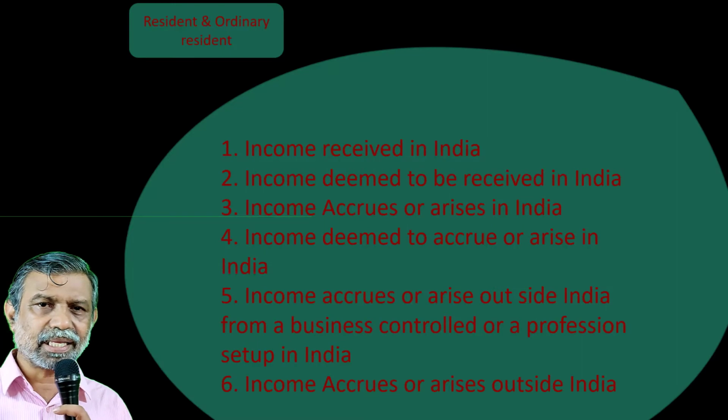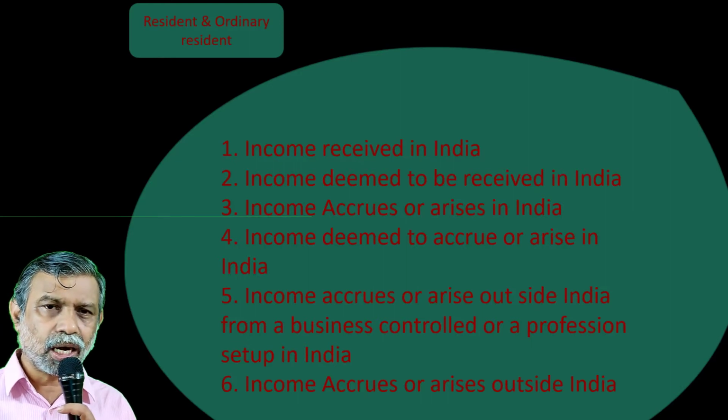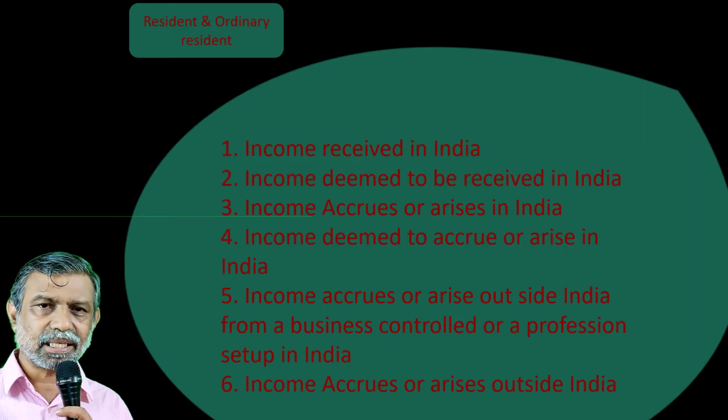If you are a resident and ordinary resident, then all six incomes are taxable in your hands: income received in India, income deemed to be received in India, income accrues or arises in India, income deemed to accrue or arise in India, income accrues or arises outside India from a business controlled or a profession set up in India, and lastly, income accrues or arises outside India.